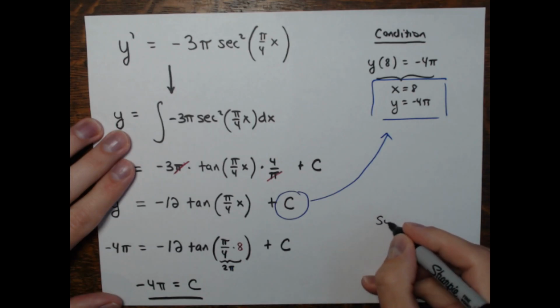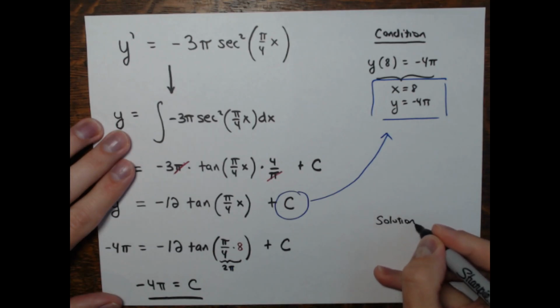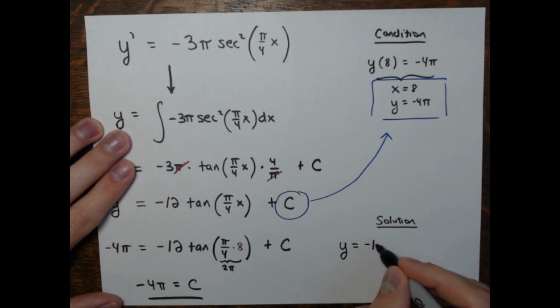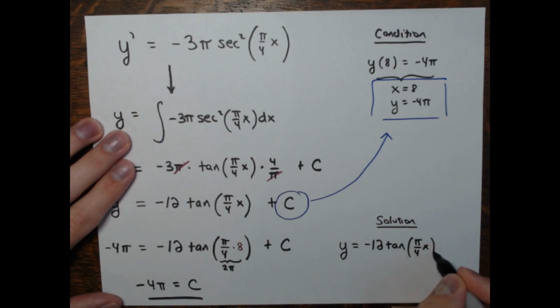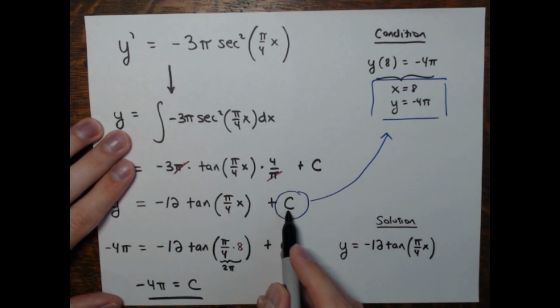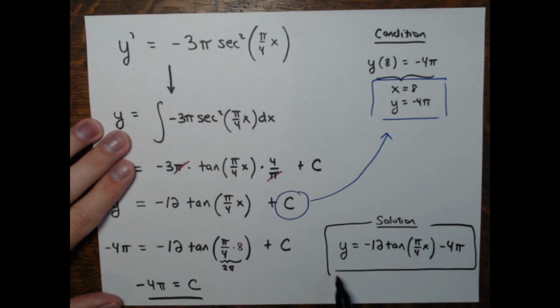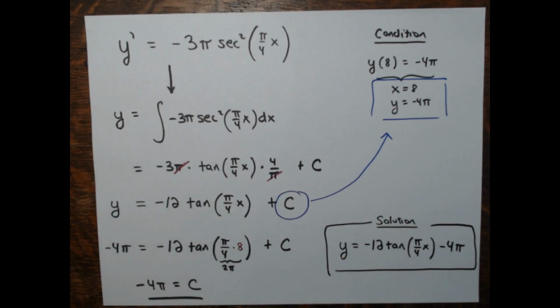All right, so the solution to this initial value problem is the following function: y equals negative 12 times the tangent of pi x over 4, or pi over 4 times x, and then plus my constant, but the constant needs to be negative 4 pi so that that condition is satisfied. And here we go, this is what I'm going to type in, this function here.